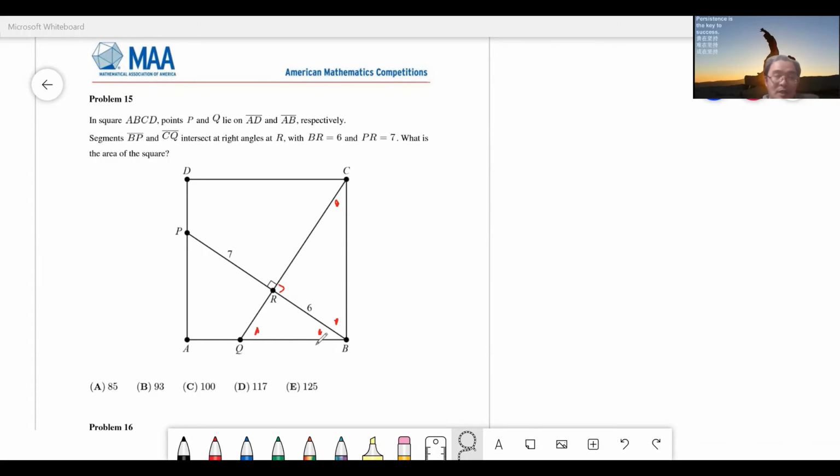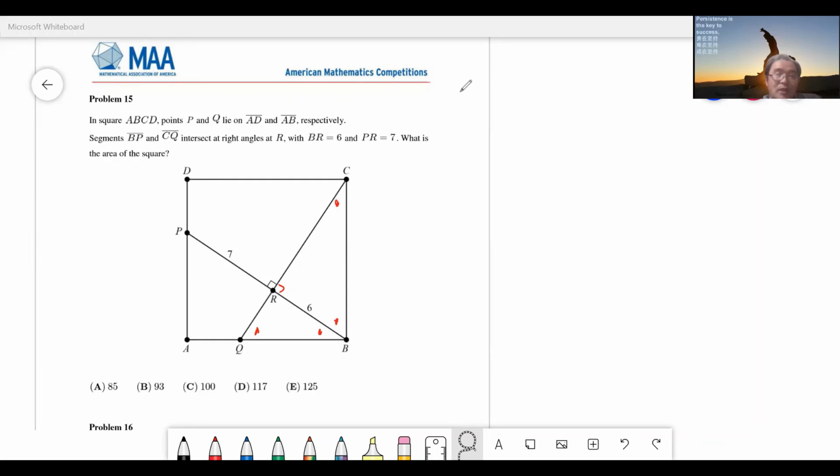They are also similar to the large triangle AQB. Right? So then how to find it? Actually, I found a solution that will be good.